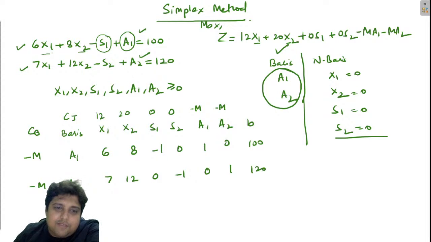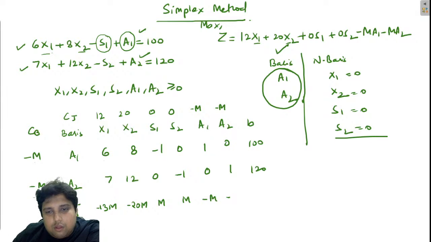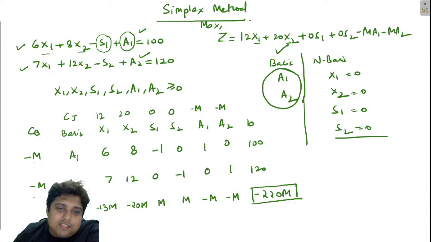Let me write ZJ. So minus 6M plus minus 7M, minus 13M. This is minus 20M, minus M into minus 1 plus M, again plus M, minus M, minus M, and the last one is minus 220M. Now I will be calculating Cj minus Zj to check whether this is an optimal solution or not.